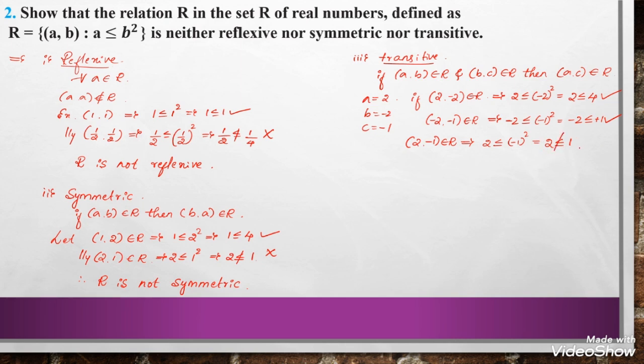The condition is not satisfied. Therefore, R is neither reflexive, nor symmetric, nor transitive.